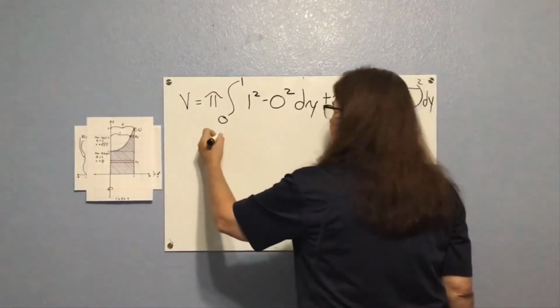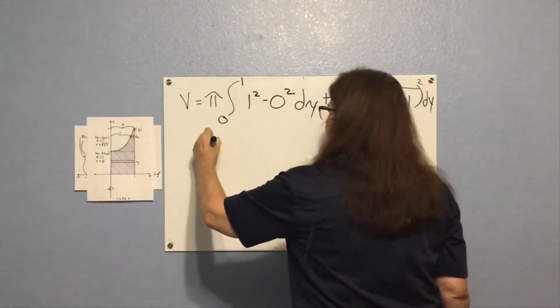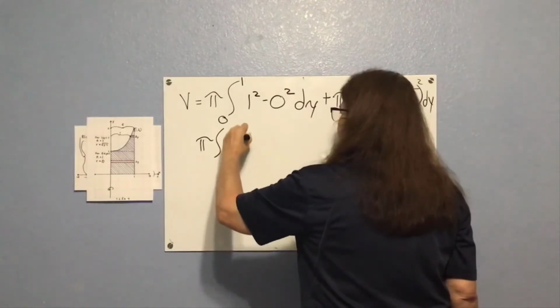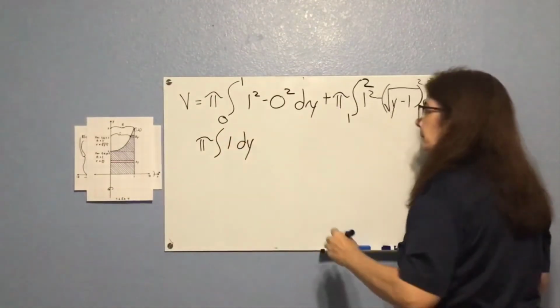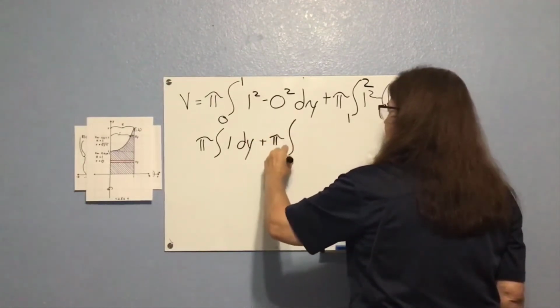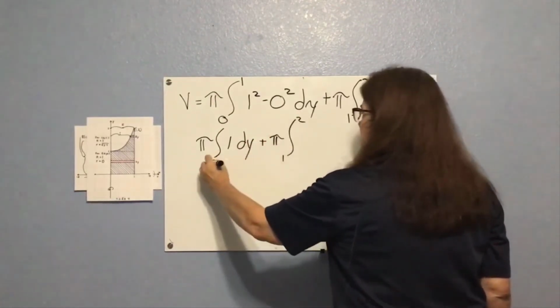Okay, this simplifies. I've got pi times the integral of 1 dy, from 0 to 1, plus pi times the integral from 1 to 2.